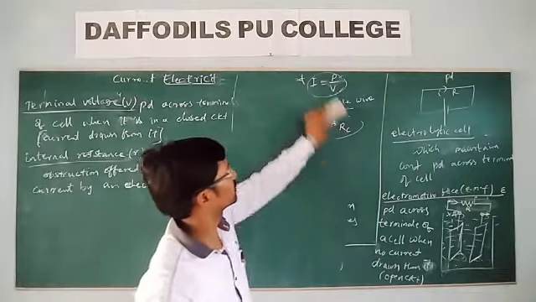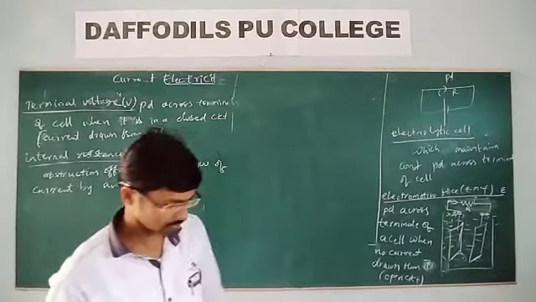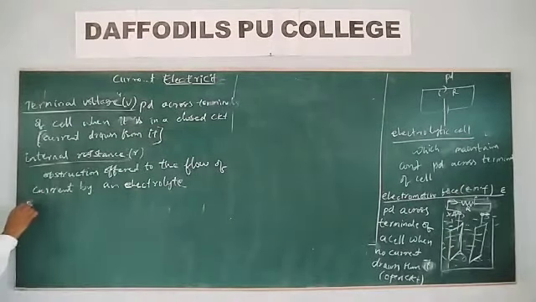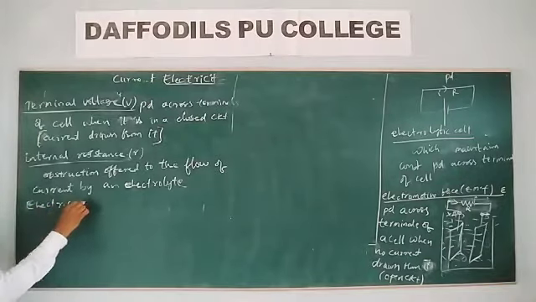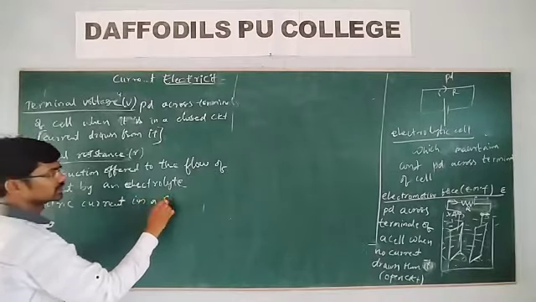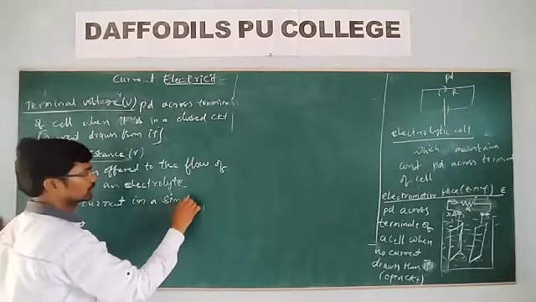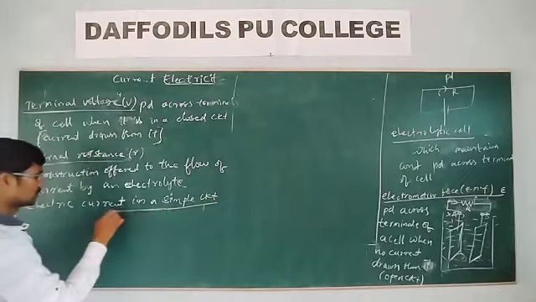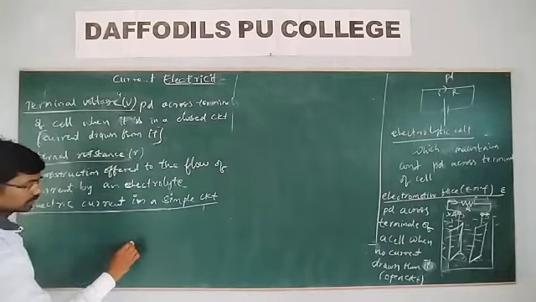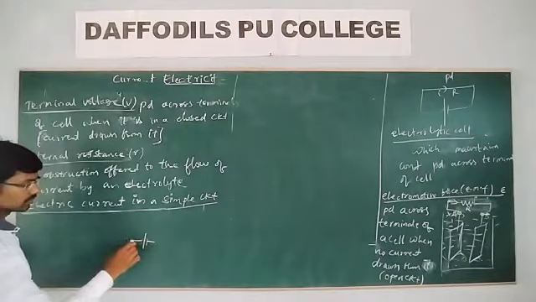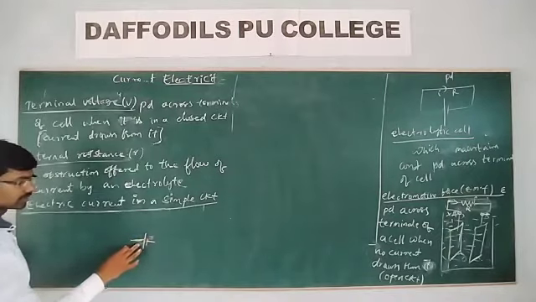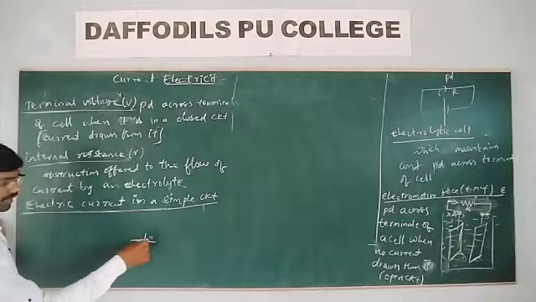What is the current in a simple circuit? Electric current in a simple circuit. This is the symbol of the cell, a steady cell, and if you take an arrow mark, that represents a variable cell, variable battery or eliminator.